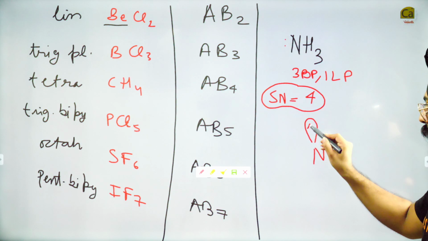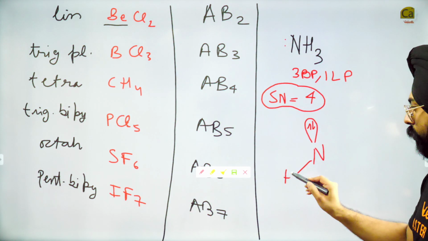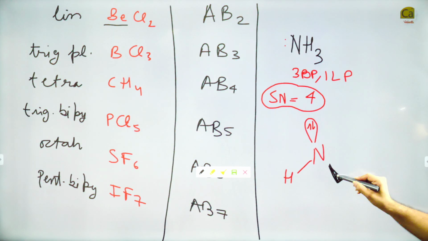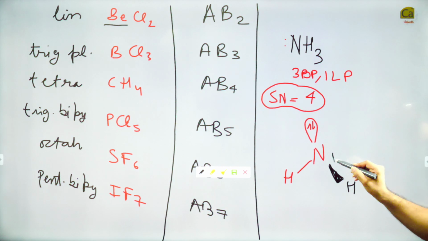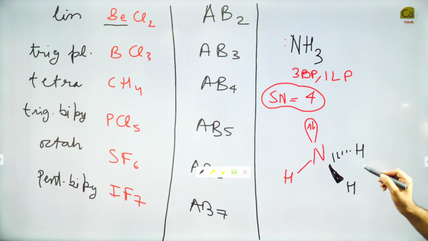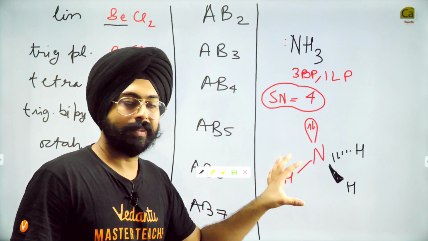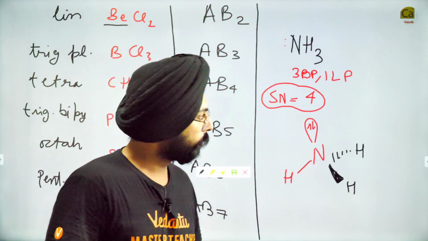I'll try to draw it for you. Okay, this is the lone pair, this is the hydrogen, this is the hydrogen coming towards you in the wedge, and this is the hydrogen going away from you in the dash. Can you see something like a tetrahedron over here? Can you see a tetrahedral geometry? So write it.